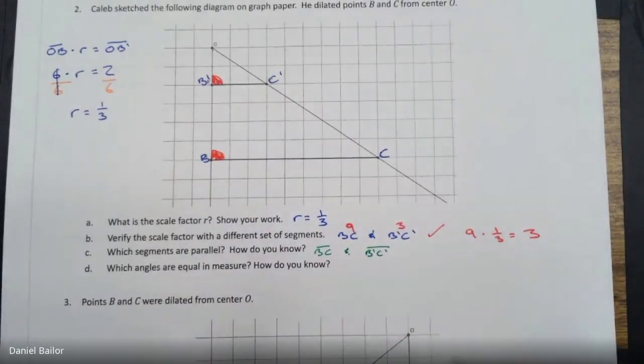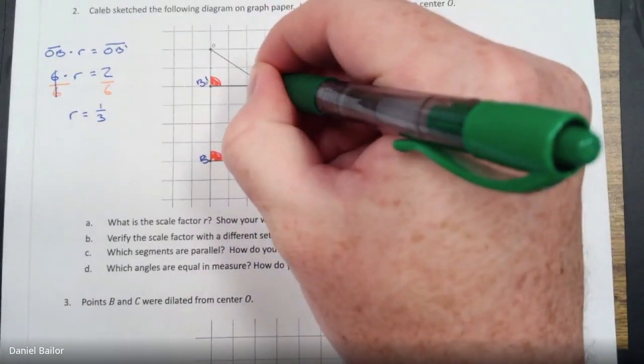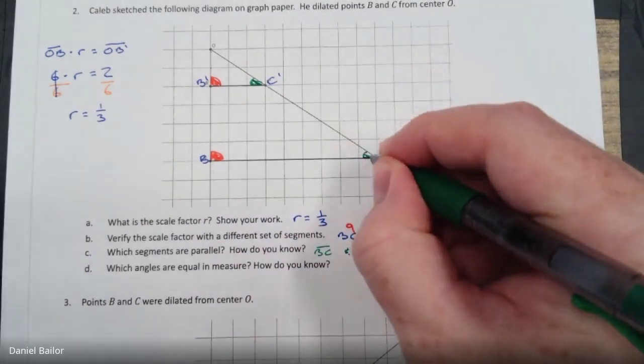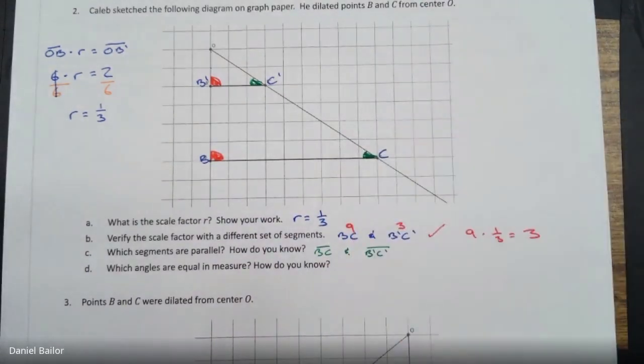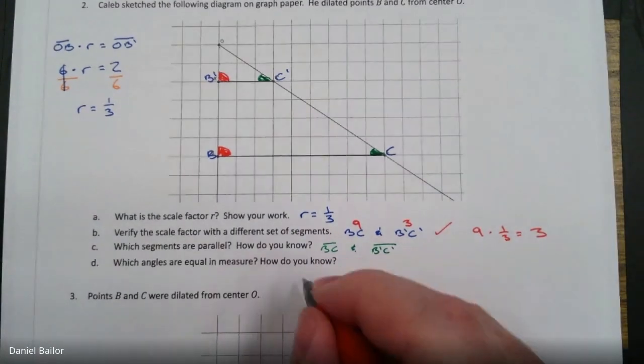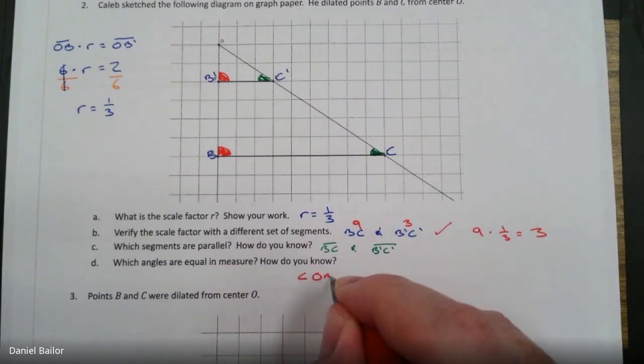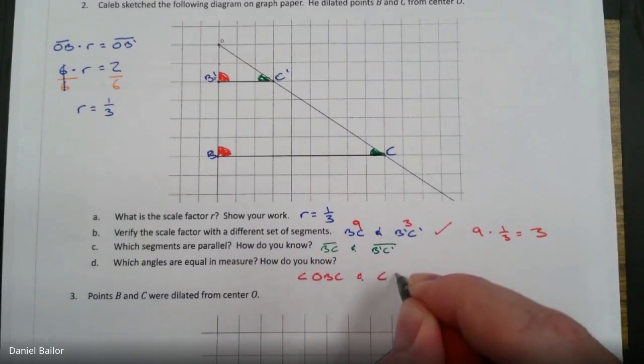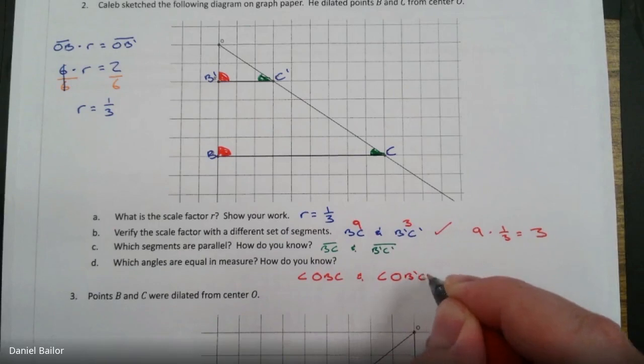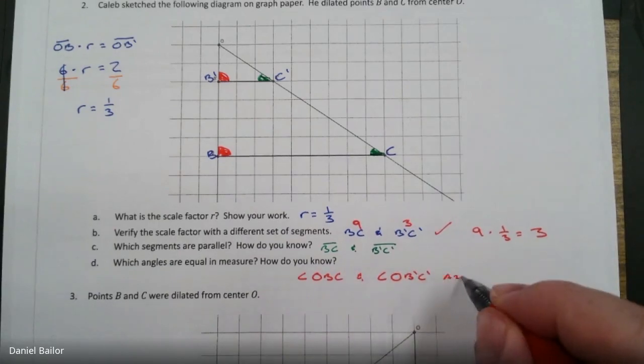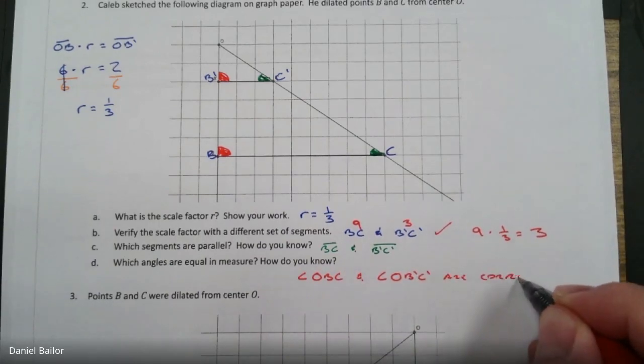Or you can say that this green angle and this green angle are equal in measure because those are corresponding angles. So you can say angle OBC and angle OB prime C prime are corresponding angles.